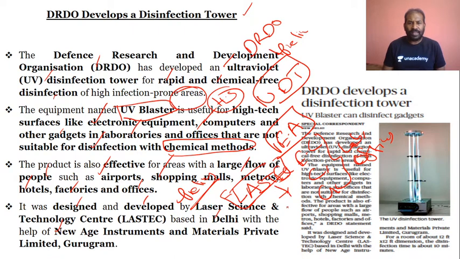So along with LASTEC, it is New Age Instruments and Materials Private Limited, which is in Gurugram, and LASTEC is in Delhi. And these are all very important from the prelims point of view.